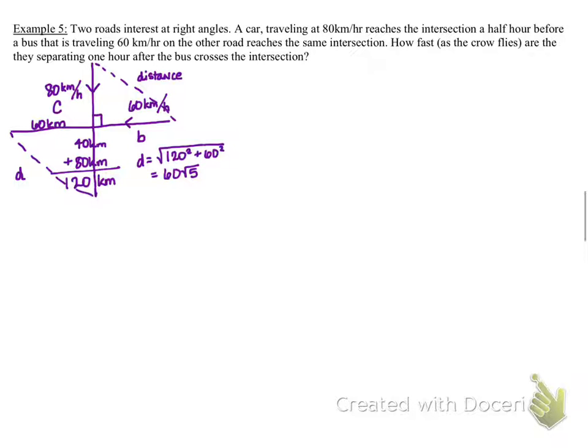This is 1 hour after the bus reaches that intersection, or 1.5 hours after the car crosses that intersection.